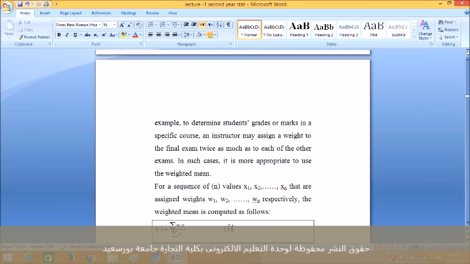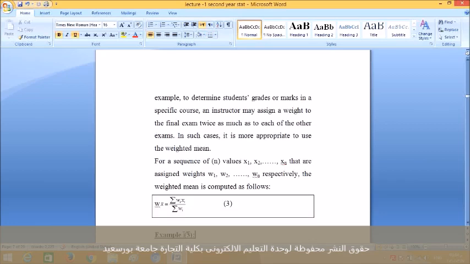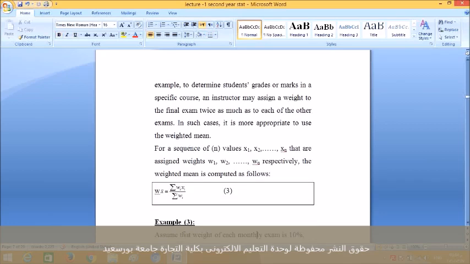W x bar means the weighted mean for a sample data, equal sigma Wx over sigma W. So you have to multiply every weight by the corresponding x and divide by the summation of all weights given corresponding to the data set.